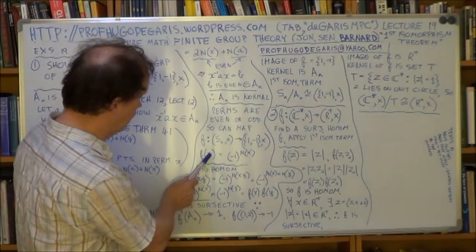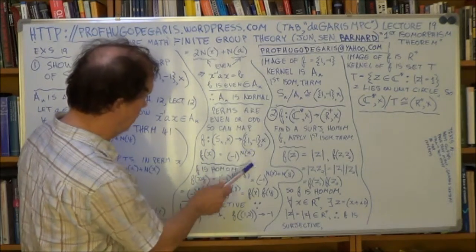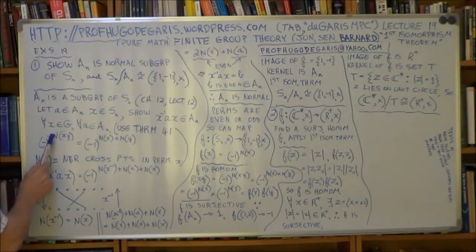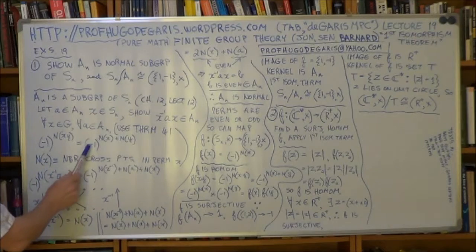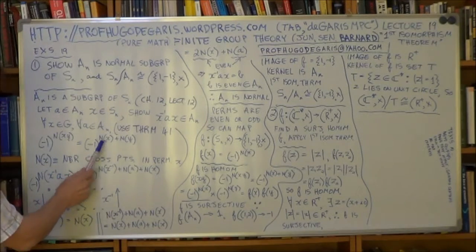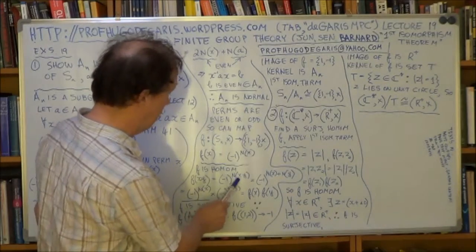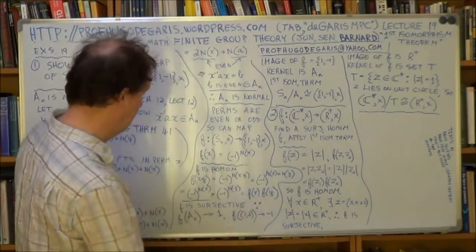By definition, if you've got xy here, you have xy here, so put it in here. Now from theorem 41, -1 to the power n of xy is -1 to the power n of x plus n of y. So we can expand this out to nx plus ny.